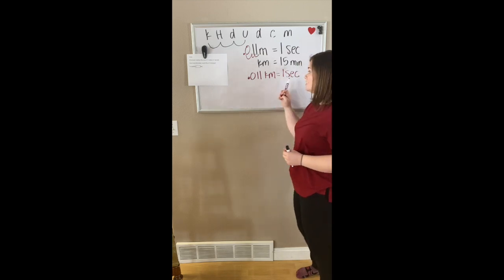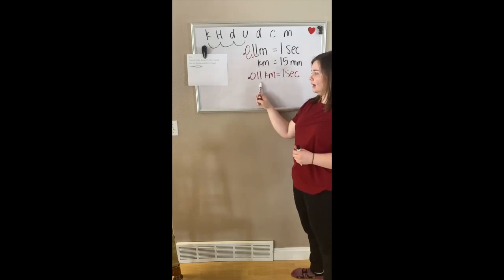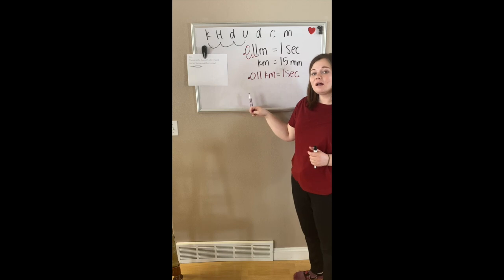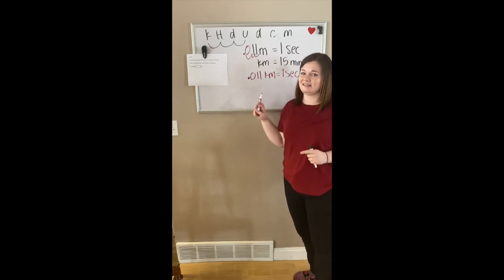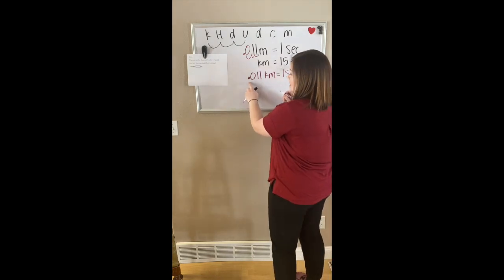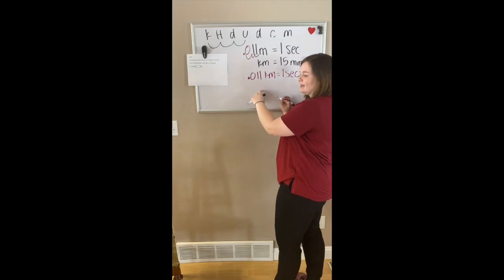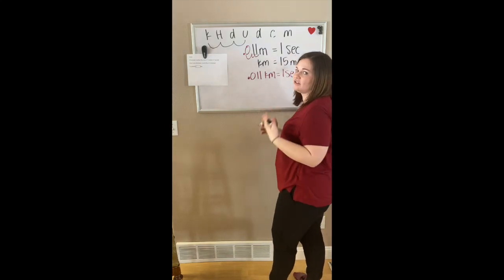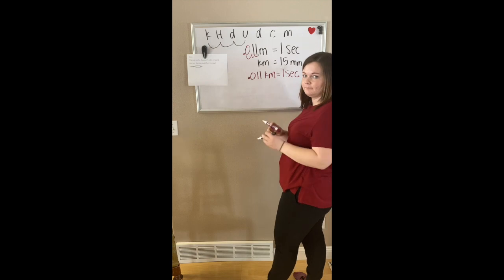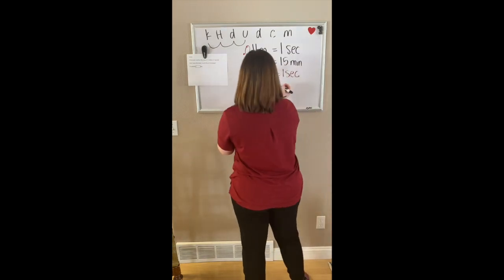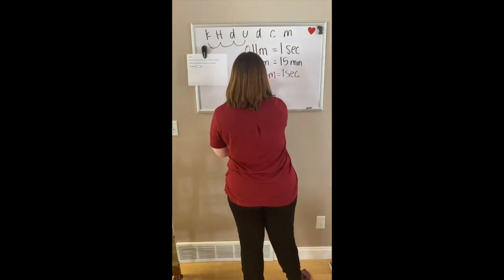So I'm going to multiply my kilometer number by 60 to figure out how many kilometers I get in 1 minute or 60 seconds. So I'm going to take 11 hundredths times 60, because there's 60 seconds in 1 minute, okay? So I'm going to say this times 60.